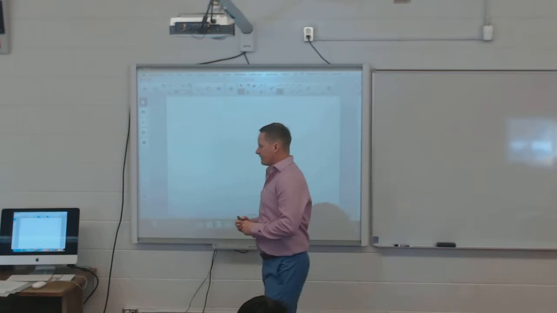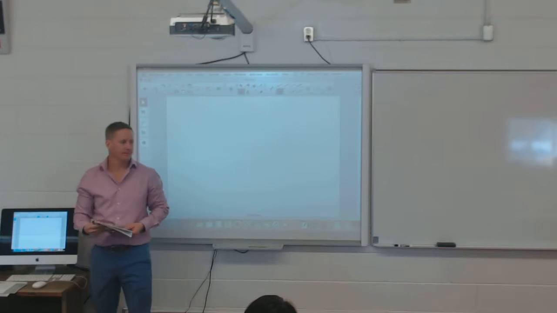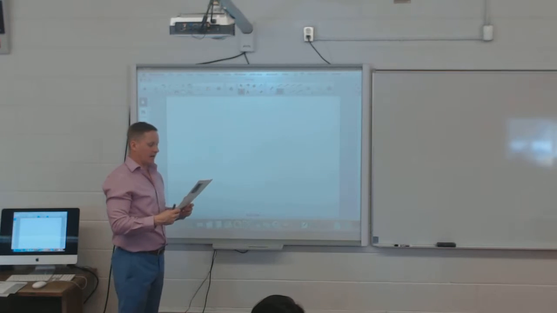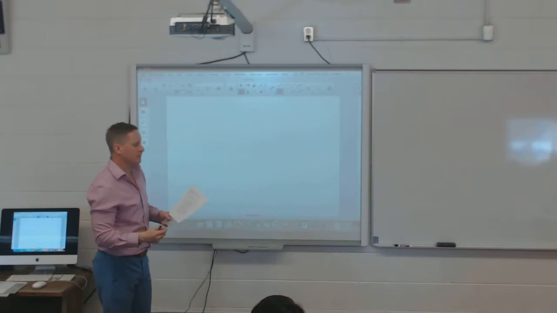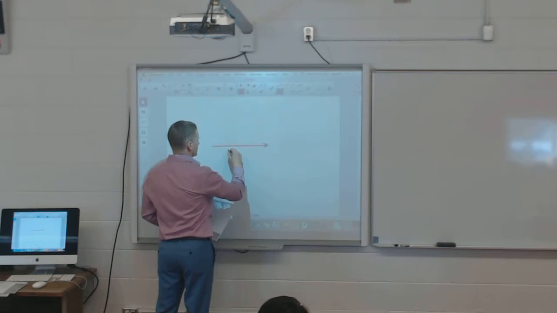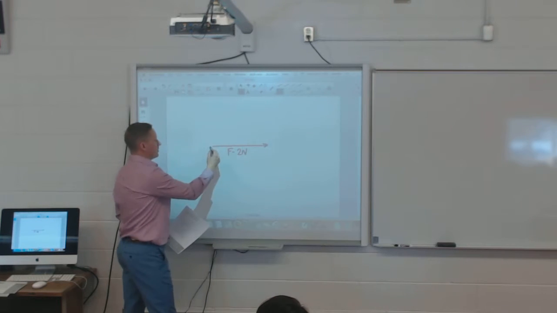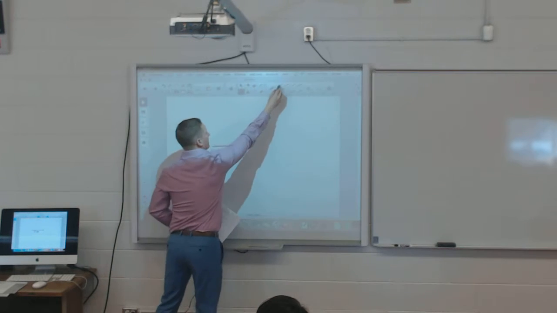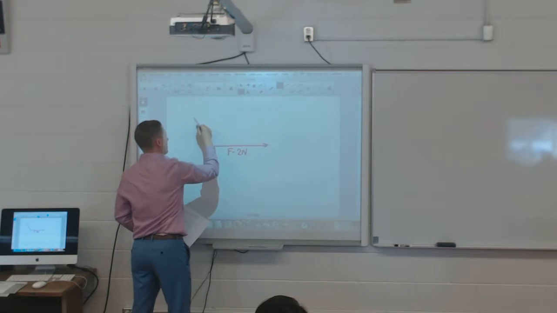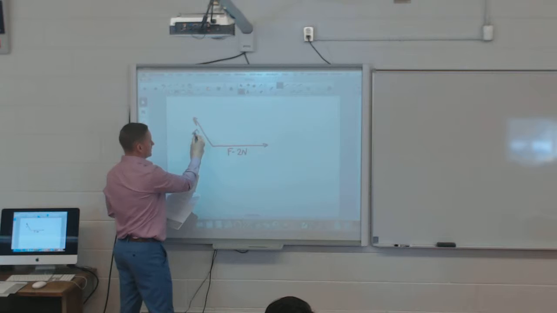When we are adding vectors, we have to draw them tip to tail, right? Okay, so if I look at that 2 Newton force, if I draw it like in the diagram, I've got it drawn right here, as 1 Newton of force.